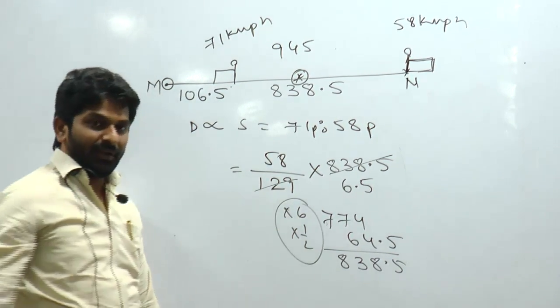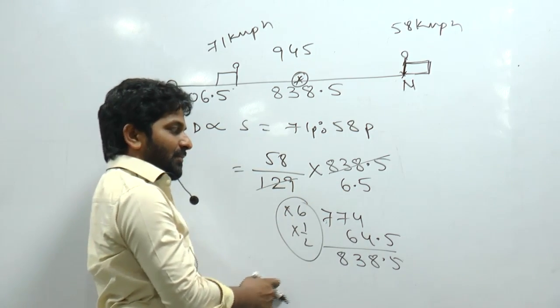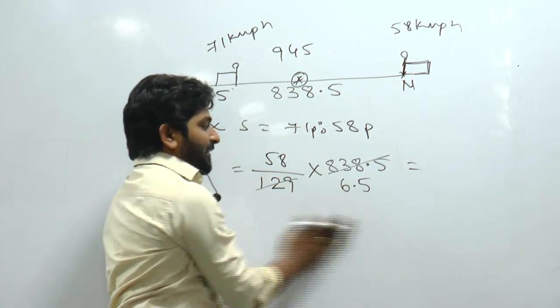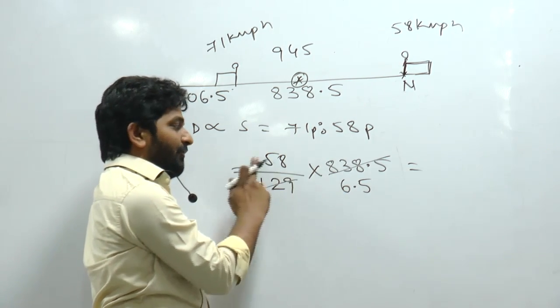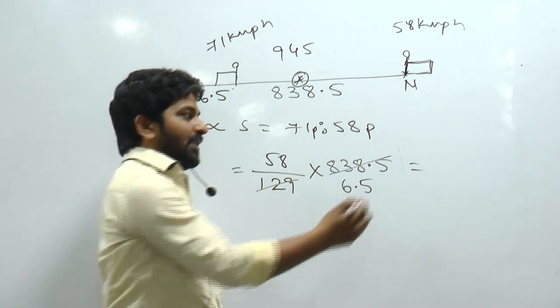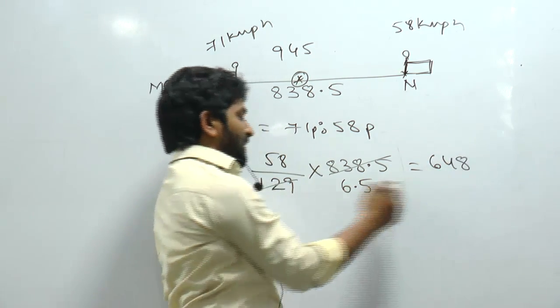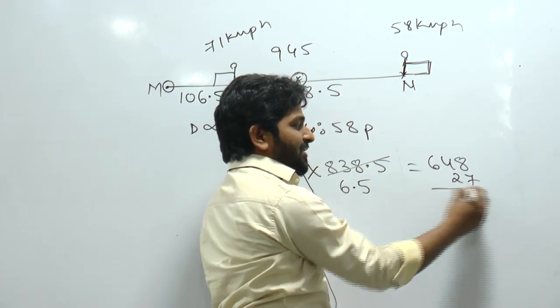Total it is 6.5 times. 58 into 6.5. 58 six times: 50 into 6 is 300, 6 eights are 48, so this is 348. 58 half times is 29.